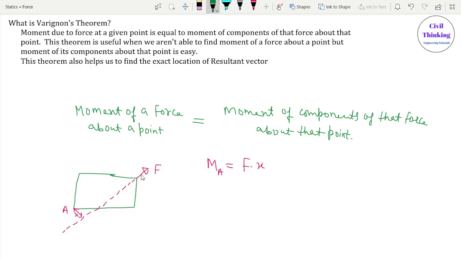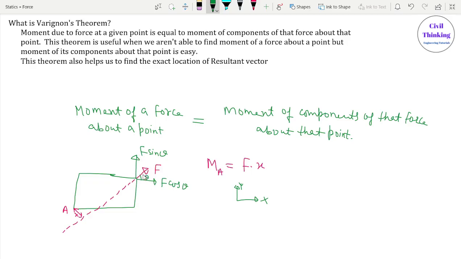let us resolve this force F about the X axis and Y axis. Now let us say this is F cos theta. This is the X component of force F. This is the X axis and this is the Y axis. This is F cos theta and this is F sin theta, right? I am resolving force F into two normal components, F cos theta and F sin theta.